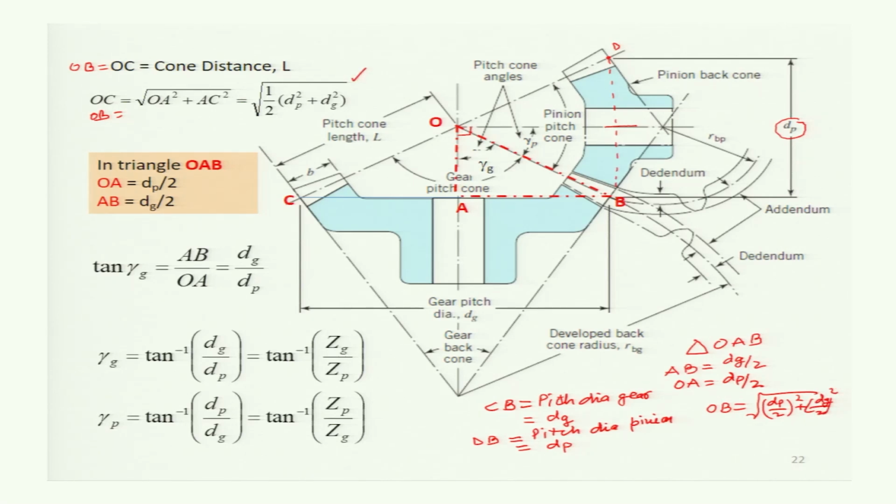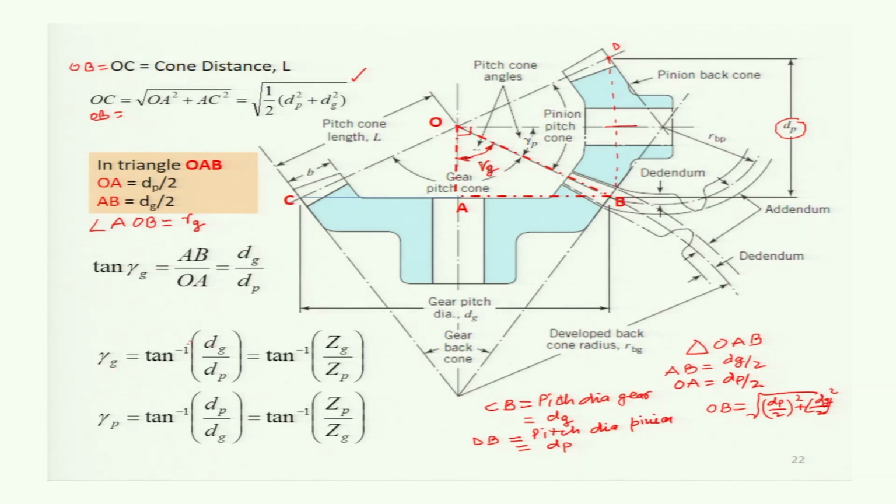Now we can find expressions for the pitch angle. The pitch angle for the gear is angle AOB, shown here as gamma G. This gamma G can be determined in terms of the pinion and gear diameters, again taking triangle OAB. Tan gamma G is equal to AB divided by OA. AB is DG divided by 2 and OA is DP divided by 2, so tan gamma G is DG divided by DP.